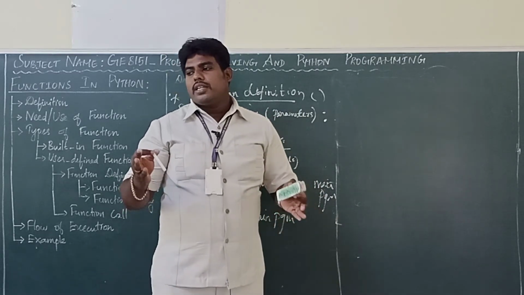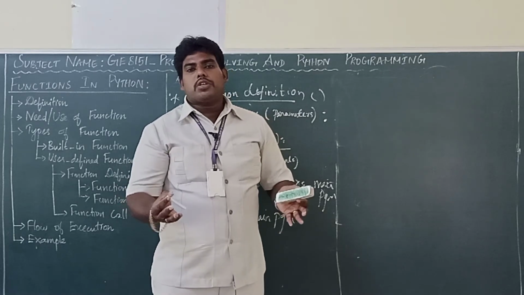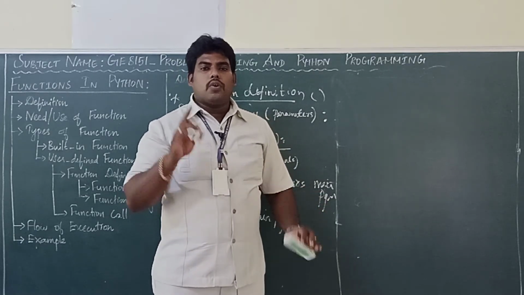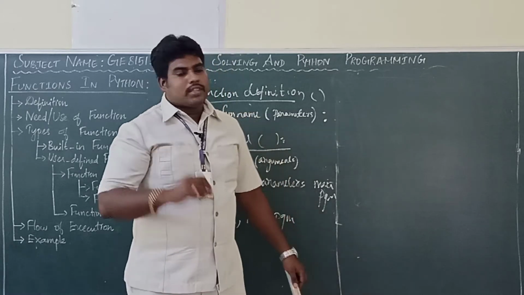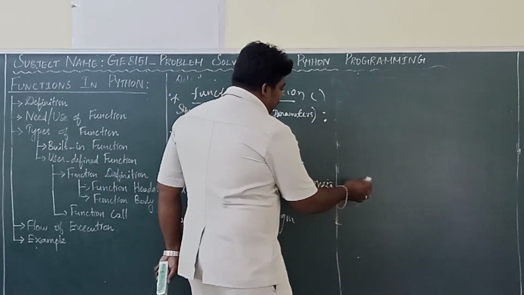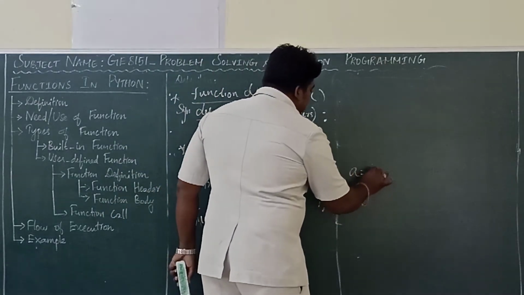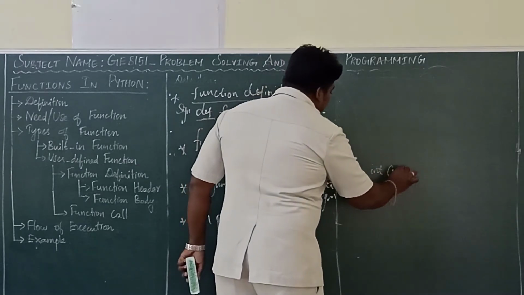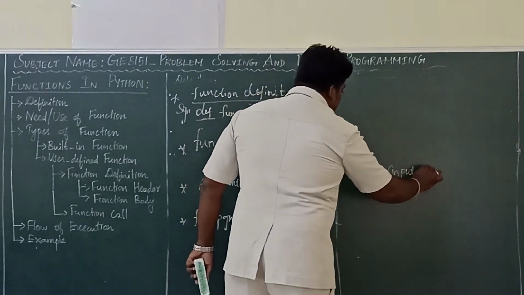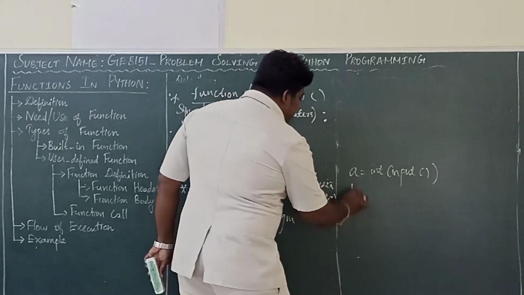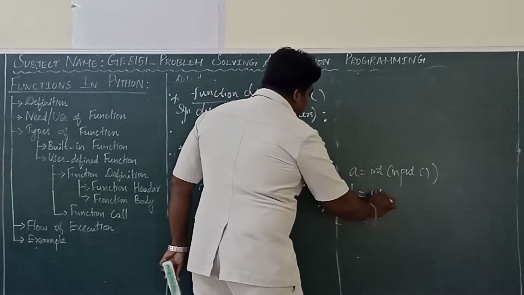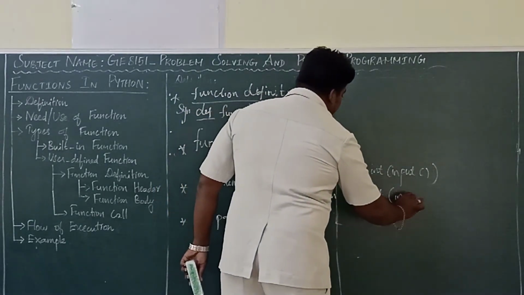I want to add 3 numbers and store the answer in 1 variable. How many values required? 3. So here I am writing a equal to int of input of, then b equal to int of input of.